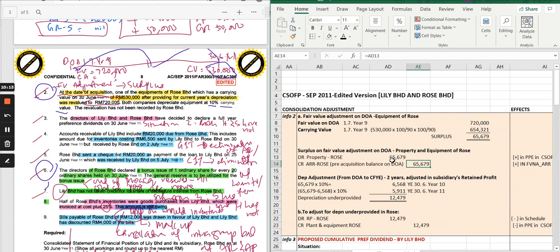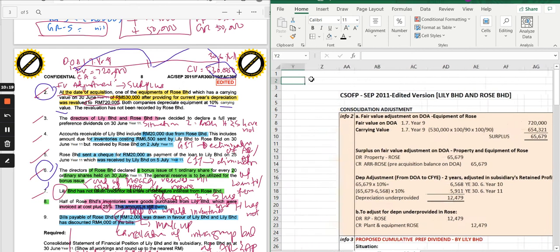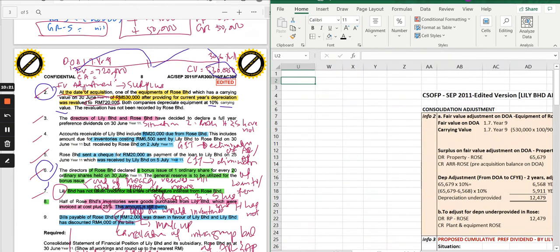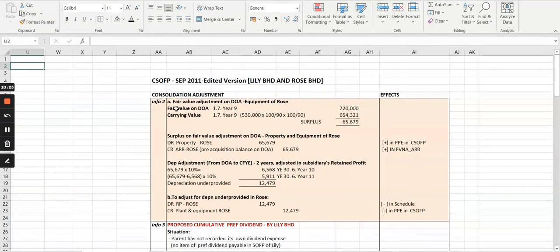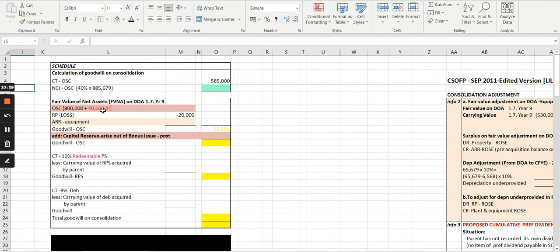So 65,679 here will appear in your working section in your calculation of goodwill. Let me just do that. It will appear here, 65,679.